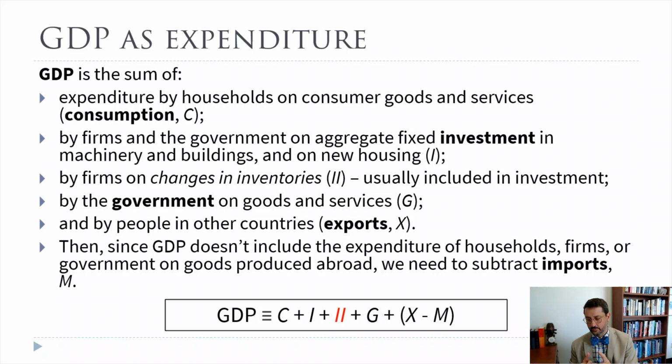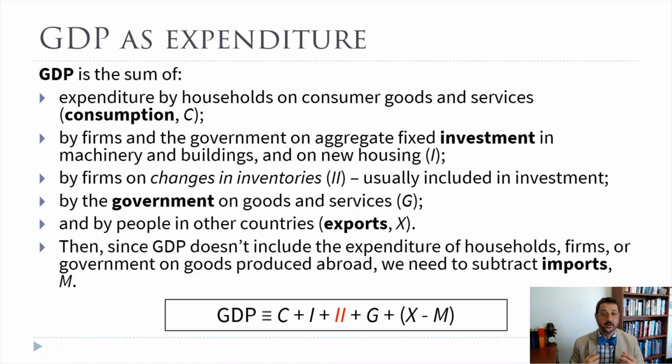So everything from rent to food to clothing to entertainment to education to telecommunications, etc. We can think about firms buying stuff in order to make more goods and services. So building factories, buying machines, buying trucks, buying computers that they're going to use to make more goods and services. That's what we call investment.